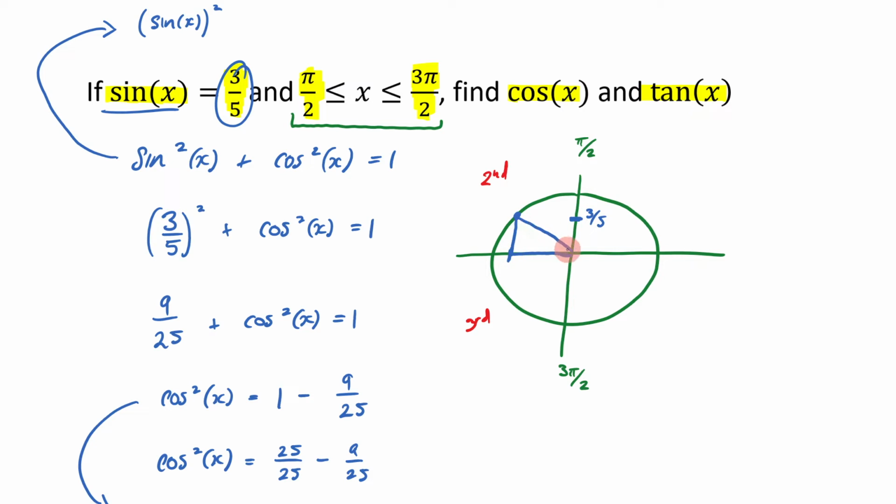We know that the length of this right here is 1. So by using the Pythagorean identity, all we're saying is that this length here is 3 on 5, and now we want to figure out what this length is. And we've just figured that out. It's negative 4 on 5. That's how we've used the Pythagorean identity. That's why this squared plus this squared is equal to 1. It's just Pythagoras. That's all we're doing here. And hopefully you can see by looking at the domain and recognizing that we're in our second and third quadrant, our cos has to be negative.